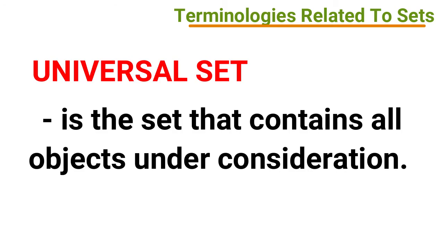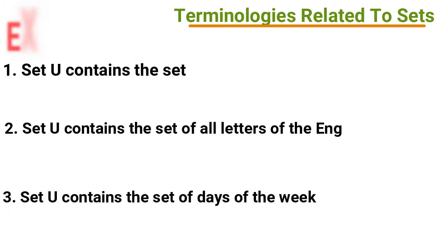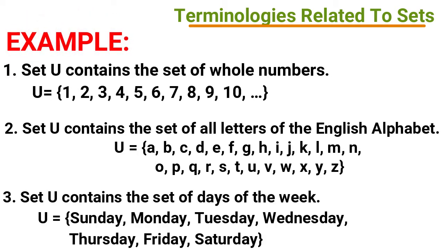This time, we will dig deeper on the different terminologies related to sets. The universal set is a set that contains all objects under consideration. The 3 sets are examples of a universal set.